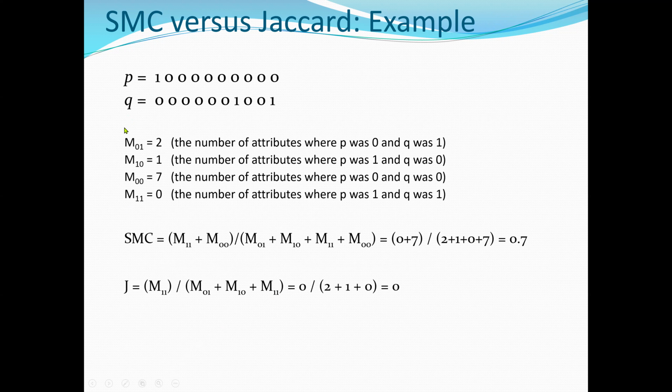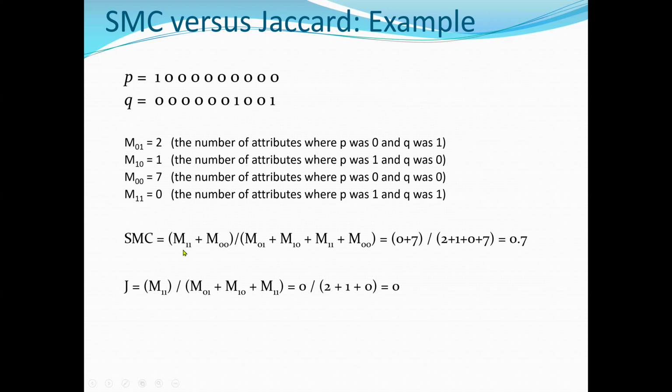So we have P and Q with binary values, 1000, etc. M01 gives me 2, which is the number of attributes where P was 0 and Q was 1. M10 equals 1, which is the number of attributes where P was 1 and Q was 0. Then M00 is 7, which means the number of attributes where P was 0 and Q was 0 is 7. And M11 gives us 0.